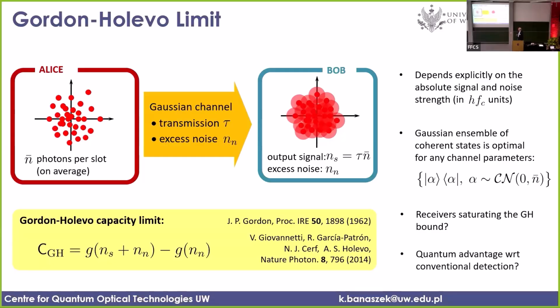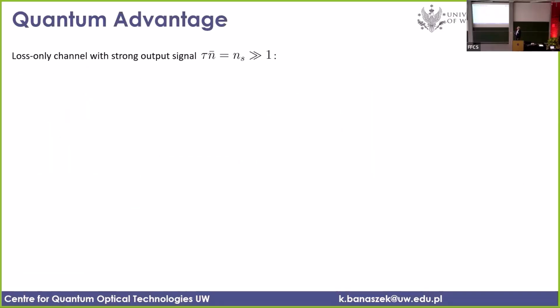But let me step back and ask a simpler question. Should we really be concerned with this general Gordon-Holevo limit compared to regular Shannon expressions? So let us first forget about excess noise introduced by the channel. In this case, the quantum capacity, the Gordon-Holevo capacity, is given just by the Gordon function.